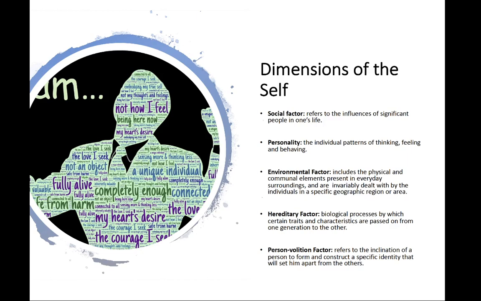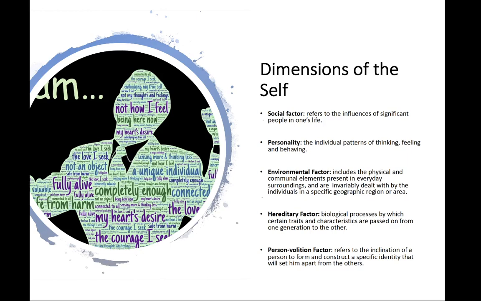And compared with the two previously discussed factors, heredity can be referred to as the non-negotiable factor. So if one has the choice whether or not to adopt the influence of social groups and to change or improve one's environment, heredity is fixed and permanent.